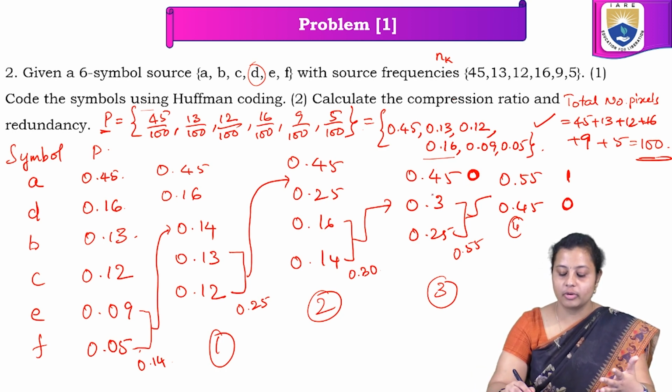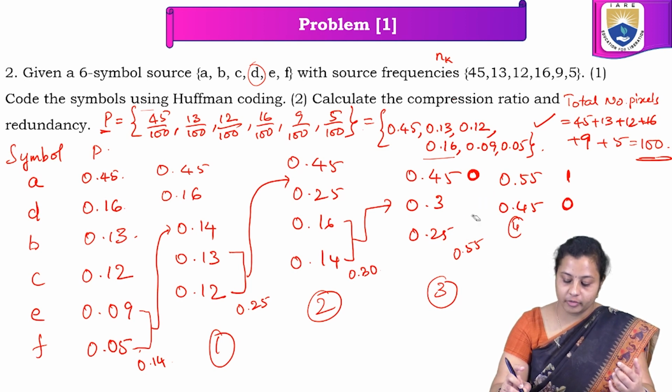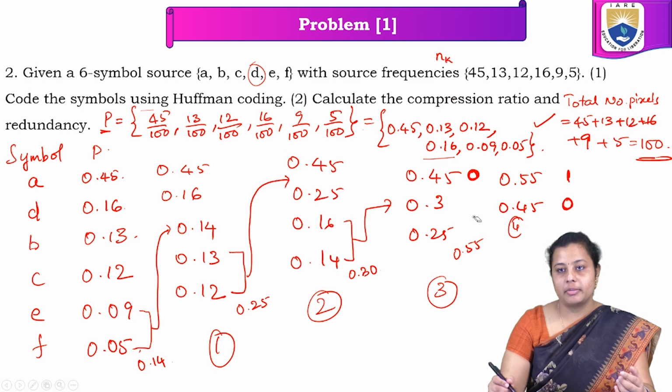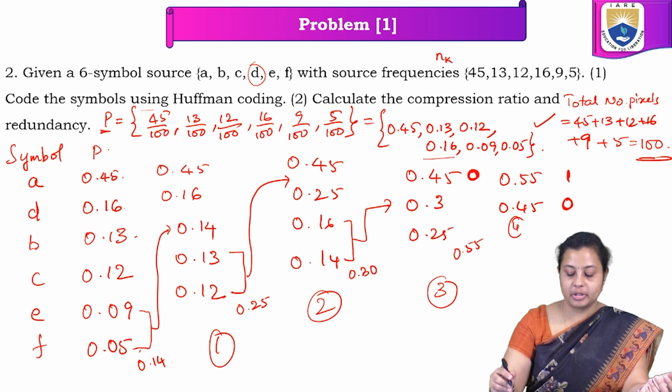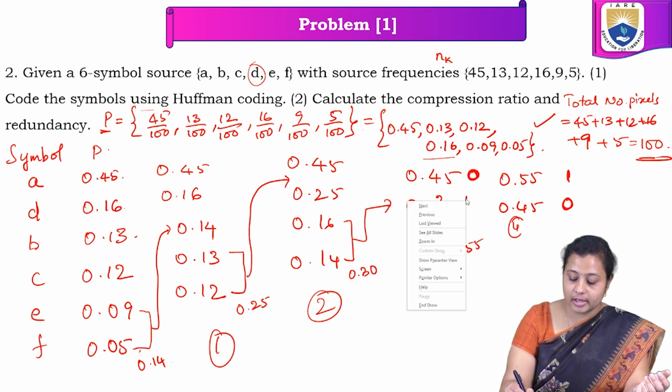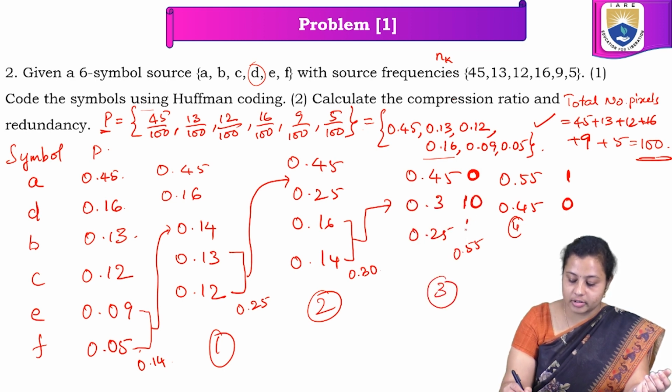So this 0.45 will have a single digit 0. Now 0.55 is having 1, which is obtained by adding 0.3 and 0.25. So when I'm trying to code it, I'm shifting it by 1 bit. So using that, I'll get the 0.3 code value as 10. And this is 11. Right?